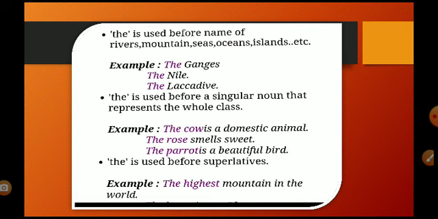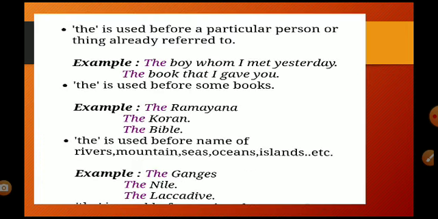The is used before a singular noun that represents the whole class. You need to emphasize on this. I will repeat it. It is used before a singular noun that represents the whole class. For example, it will be clear by this example. The cow is a domestic animal.